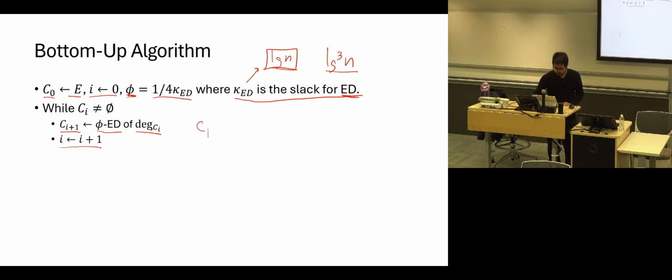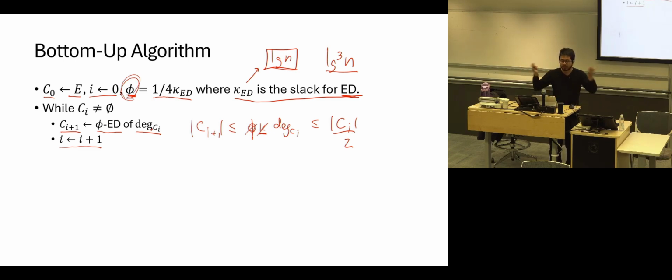So C_{i+1} has size something like, by definition, phi times kappa times the degree of C_i. But phi is chosen so that this is less than C_i over 2. We choose phi to cancel with kappa and add a factor to get a half here. So the size of C_{i+1} is about half, just by the choice of phi.